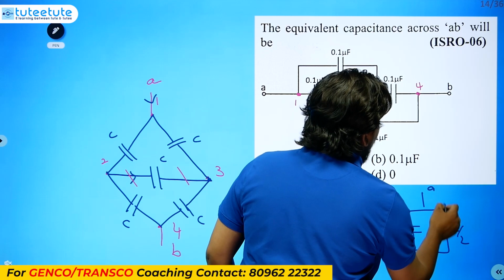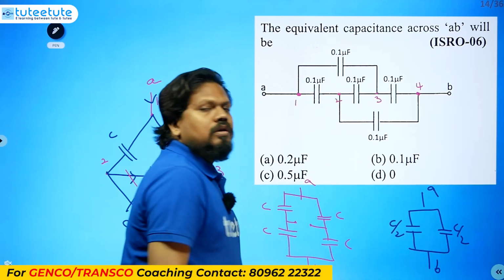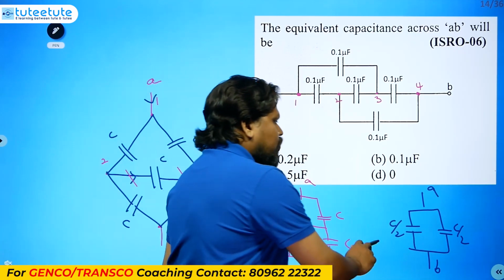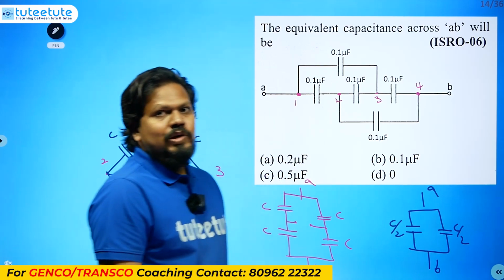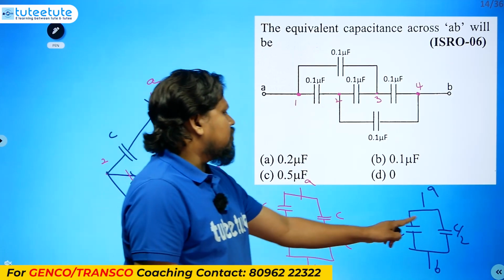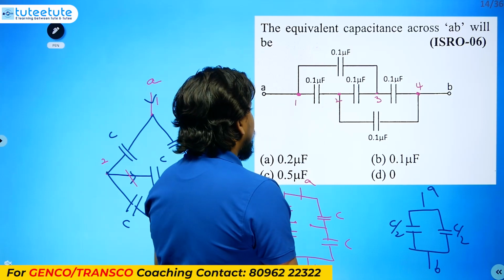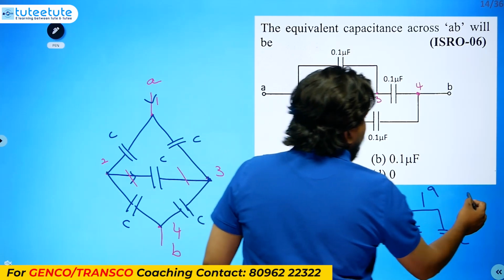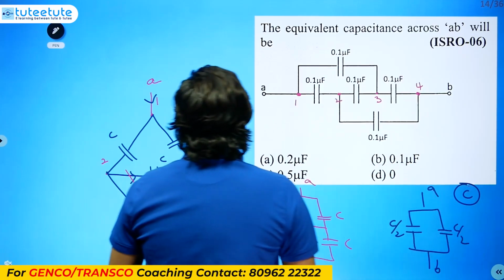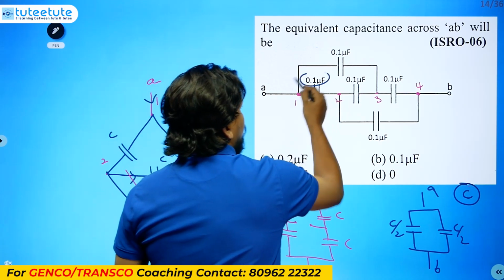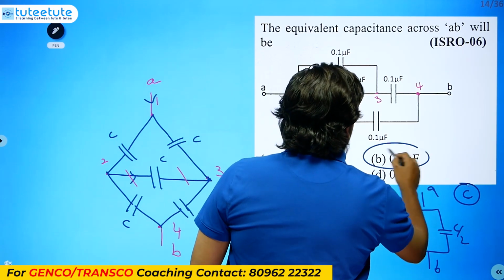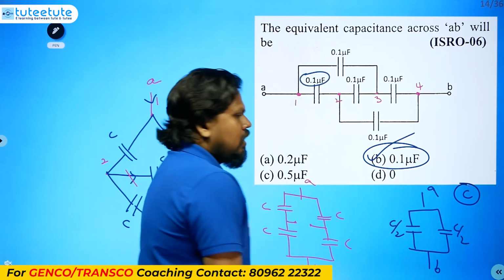C by 2 and C by 2 are connected in parallel, so you get C by 2 plus C by 2, which is C. So C is the answer. We considered previously that C is 0.1 microfarads, so 0.1 microfarads will be the answer.